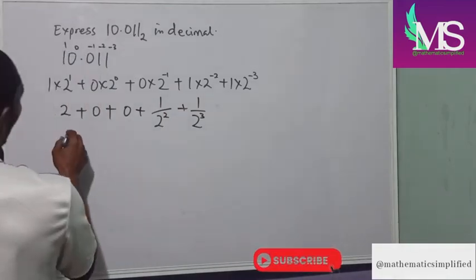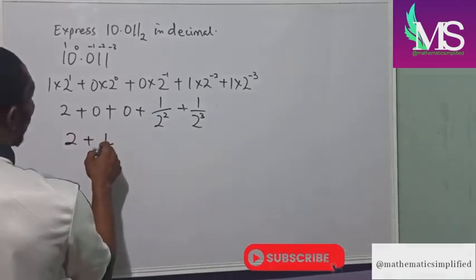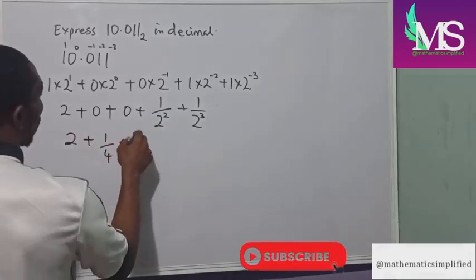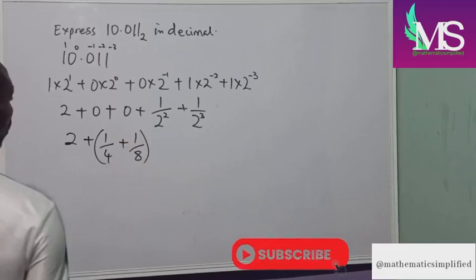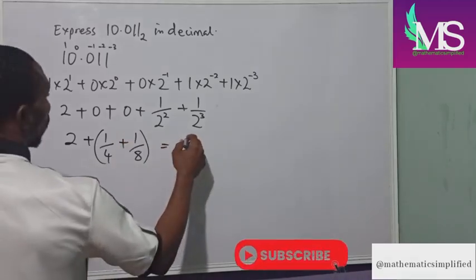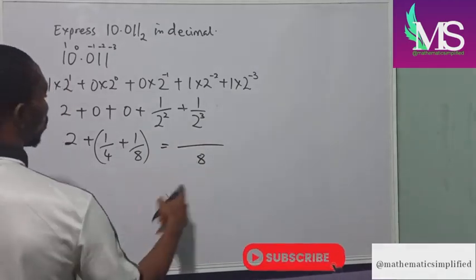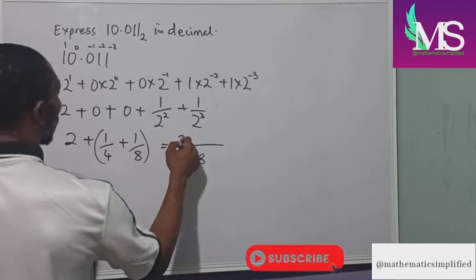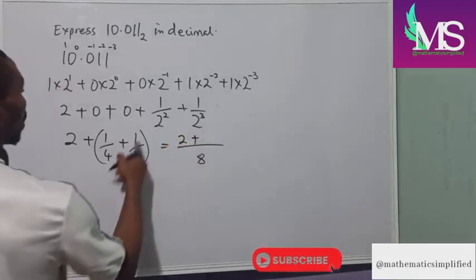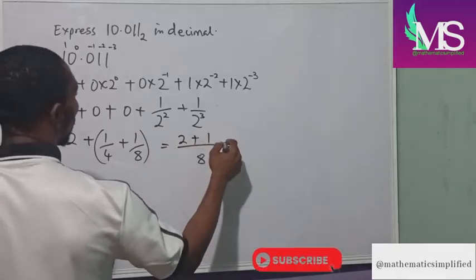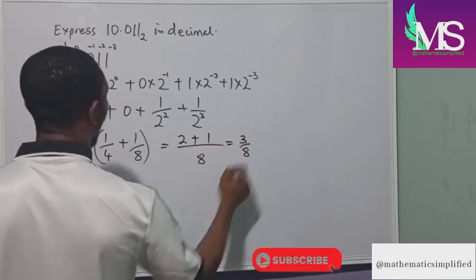So this becomes 2 plus 1 over 4 plus 1 over 8. Working on this fraction, our LCM will be 8. 4 into 8 is 2, 2 times 1 is 2, plus 8 into 8 is 1, 1 times 1 is 1. So this gives us 3 over 8.